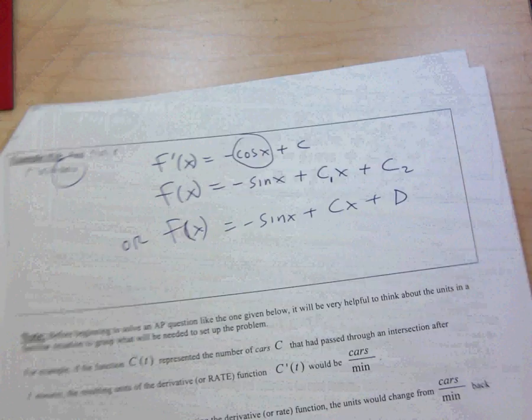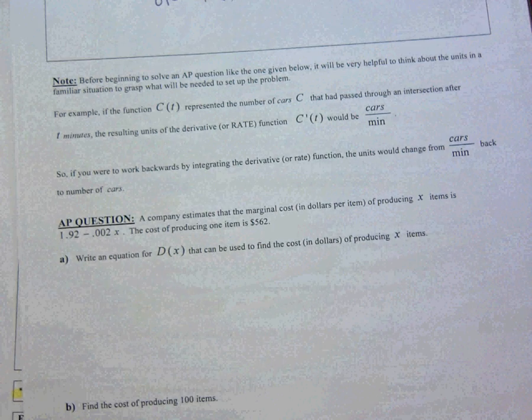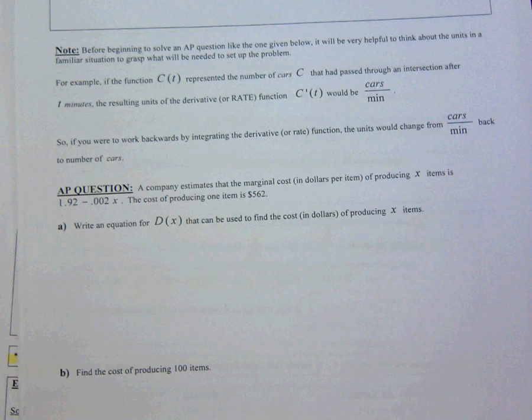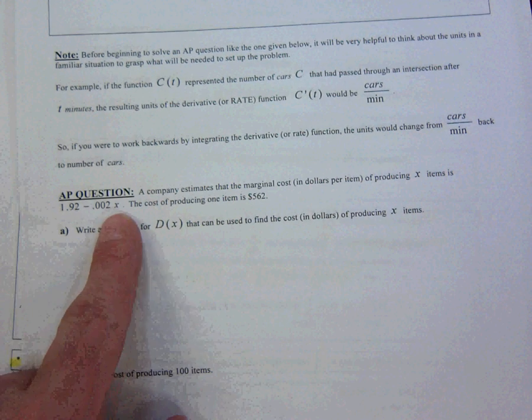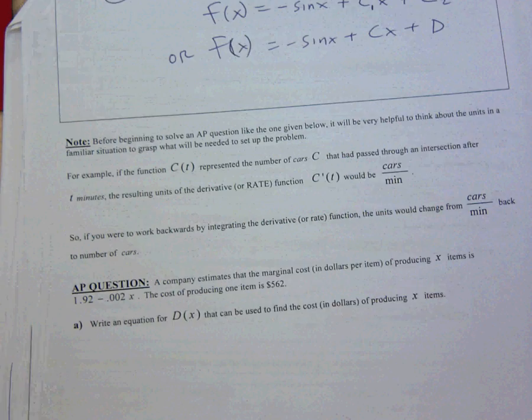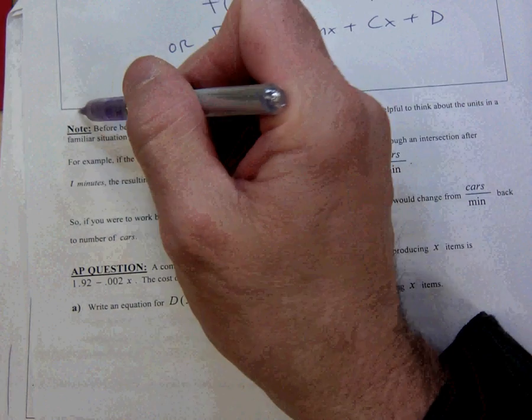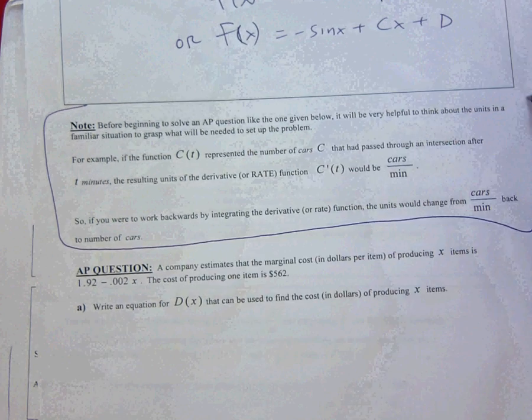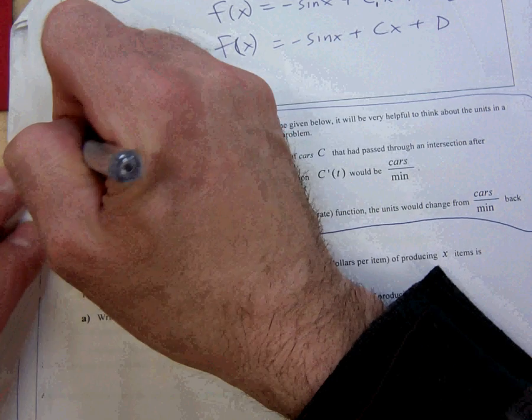Now, I'm going to have you do an AP question in your group. And again, because of the decimals and all that, I'll let you use a calculator. But before you start, hold on a minute. You guys, I'm telling you, I can't put enough stars around this thing.